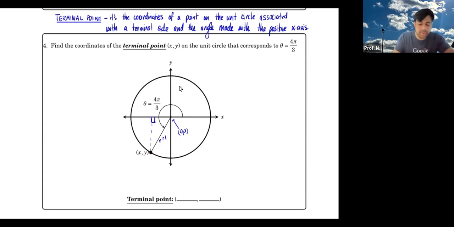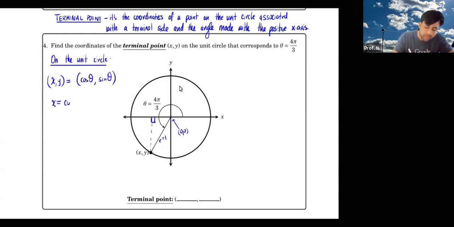One thing to remember always on the unit circle is that x comma y is equal to cosine of the angle comma sine of the angle, because x is equal to cosine theta and y is equal to sine theta. We must know these two equations: x equals cosine theta and y equals sine theta.